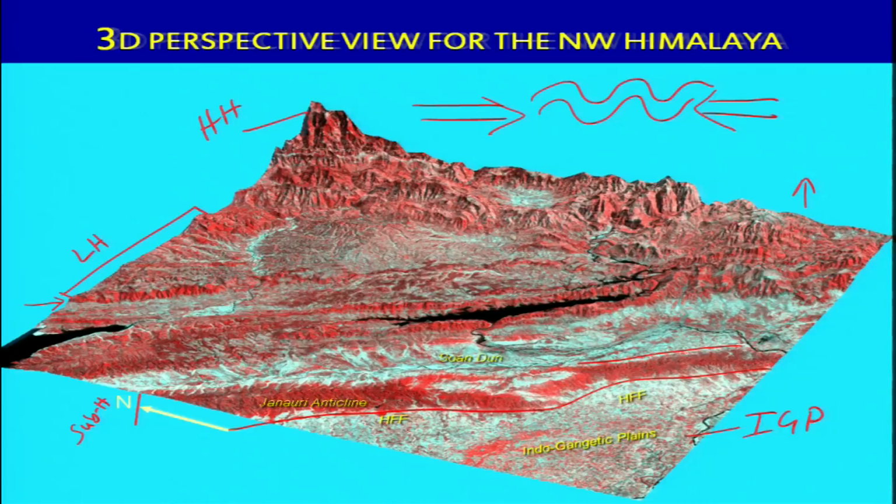This is the Janauri anticline, and the intermountain valley between the two folded chains of mountains we see is known as Son Dun, and this is your Son thrust over here. Then you are having a Jwalamukhi thrust over here, which is responsible for this deformation in the Kangra valley, and this is Panjal thrust, or Palanpur thrust, sorry, and then we are having main boundary thrust and so on, okay.